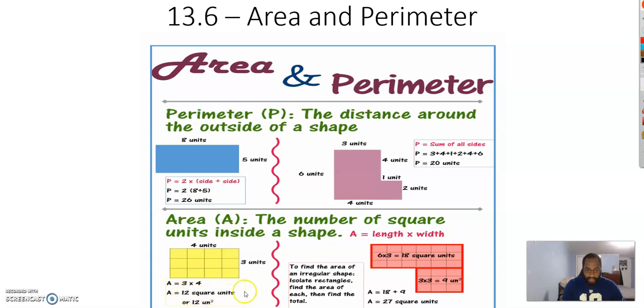Once you find the area, you see these two examples here, you have to make sure you write square units, because when you multiply for the area, it is counting the square units inside of the shape. So do not forget to write square units at the end of your area answer. It could be square grams, square inches, square feet, as long as you add the square to it, because you're doing area. All right, let's move on.